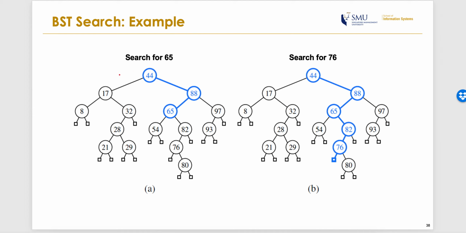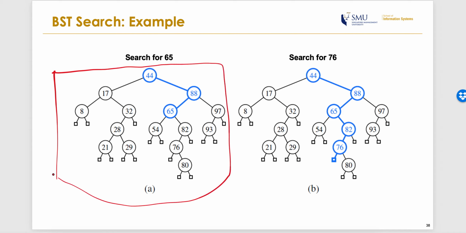Now, let us think about this, right? So let's say we are given a tree like this, and we want to search for a particular number, let's say 65. Now, in the case of number 65, if we don't know anything about the way that a tree is organized, then essentially it's like searching in a collection arbitrarily, right?